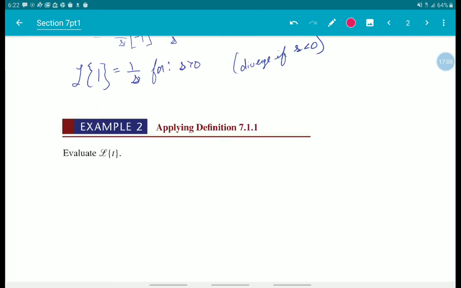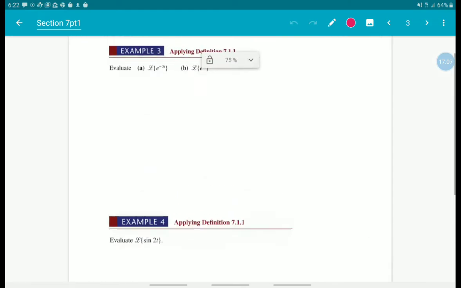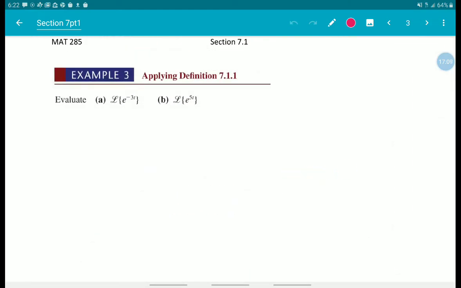Let's do another one. Let's look at example 3. So we have 2 of these we want to find. Let's look at that first one. A is asking us to find the Laplace of e to the negative 3t. So if we use our definition and we're going from 0 to infinity of e to the negative st, e to the negative 3t dt.